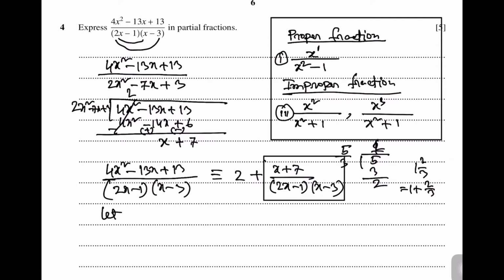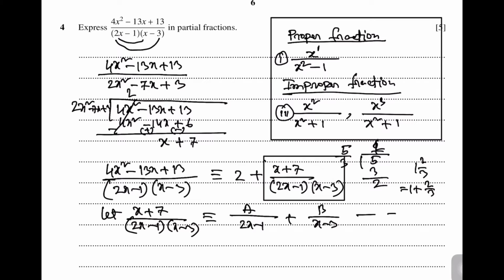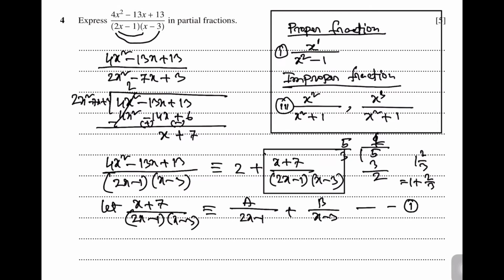Let (x plus 7) divided by (2x minus 1)(x minus 3) be identical with A by 2x minus 1 plus B by x minus 3. Now let me consider this as equation number 1, and simplify this. Multiply all these terms by the denominator, (2x minus 1)(x minus 3).